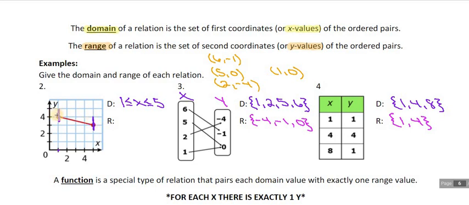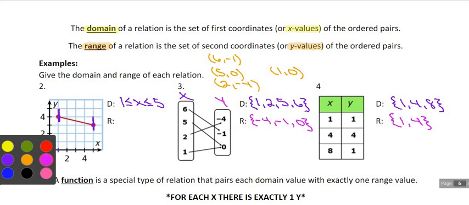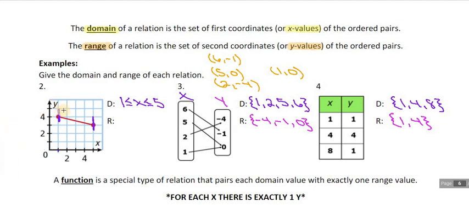So domain is x's left to right. Range is y's, so top to bottom, or specifically if we're going small to big, it would be bottom to top. So we want to figure out our smallest y value up to our largest y value. Well, our smallest y, our lowest point, is the y value of 3. Our highest point is the y value of 4. So our y is sandwiched in between 3 and 4.